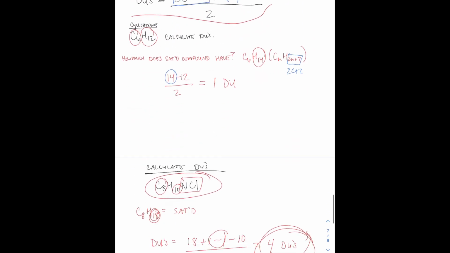But let me go back down. Let me go down here where we have space. If we did have C11H22, what we could do is start swapping out nitrogens and oxygens. So for example, if we wanted to swap out an oxygen, what we could do, swap out some carbons and hydrogens for oxygen. What we usually do, the best route to do this is subtract 1 carbon and then subtract 4 hydrogens, okay?